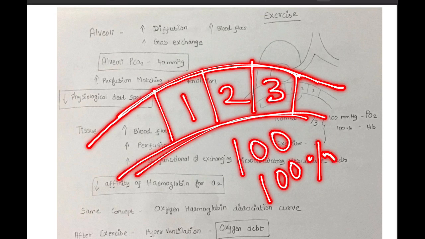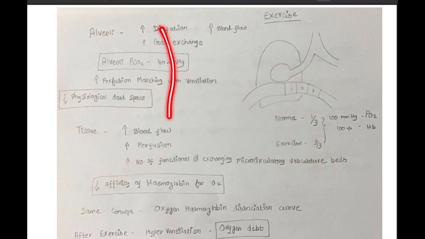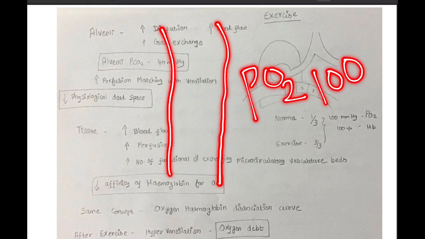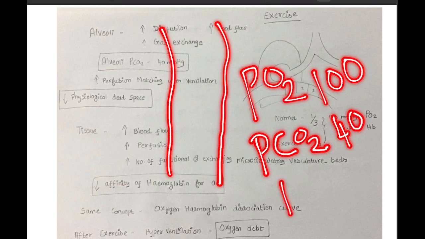So when this goes to the arterial blood, the partial pressure remains unchanged. That is, the partial pressure of oxygen is 100, partial pressure of carbon dioxide is 40, and the pH 7.4.